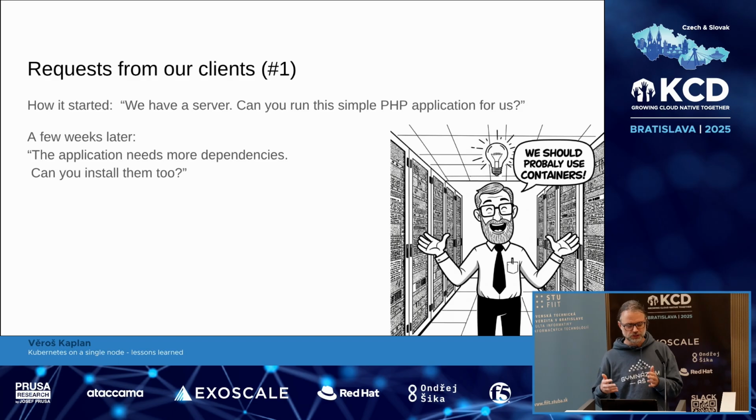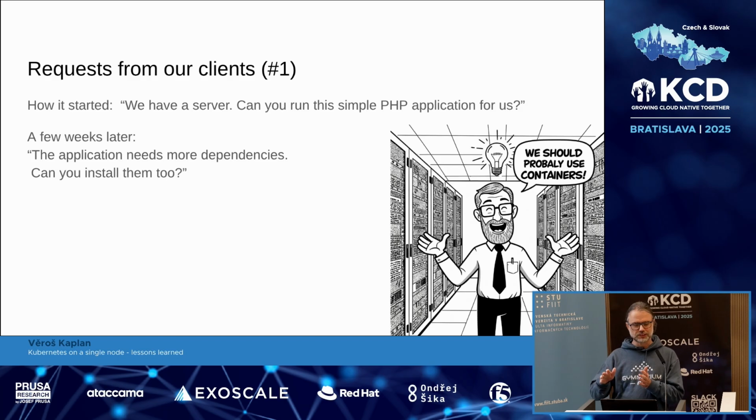on multiple nodes, sometimes we have a customer who calls us and says, we have a server and we have a PHP application. We don't know how to install it and we would like to run this application on the server. In the past, we usually used Ansible.